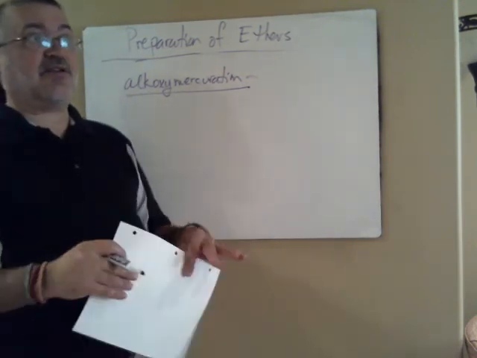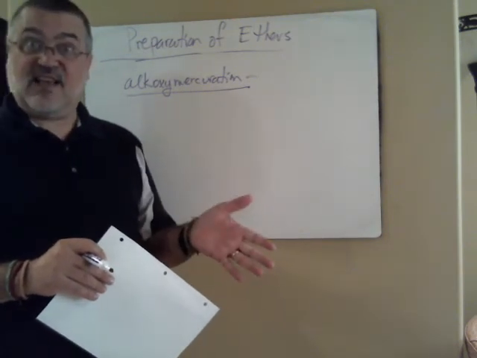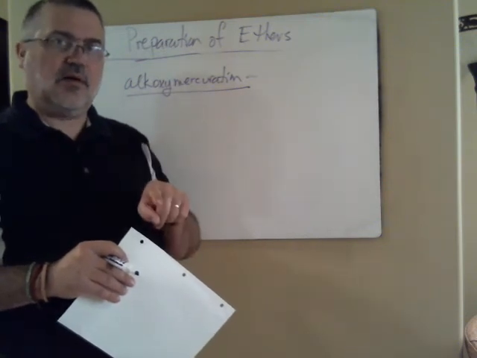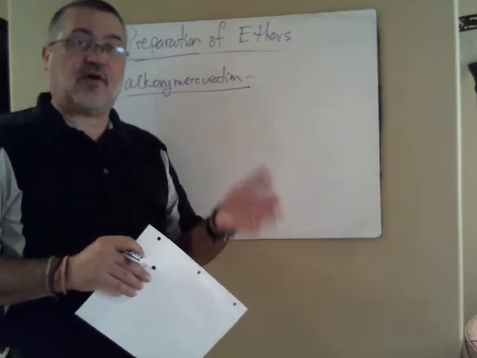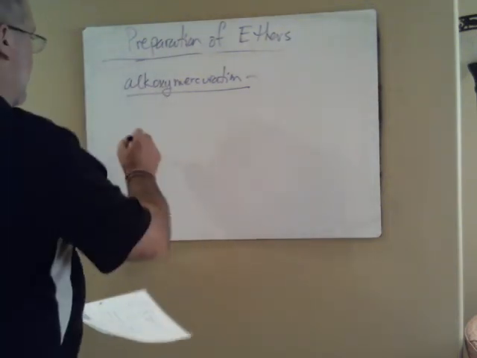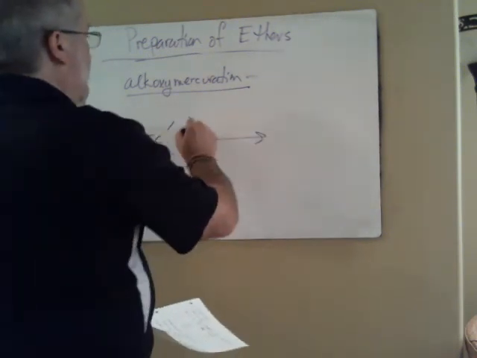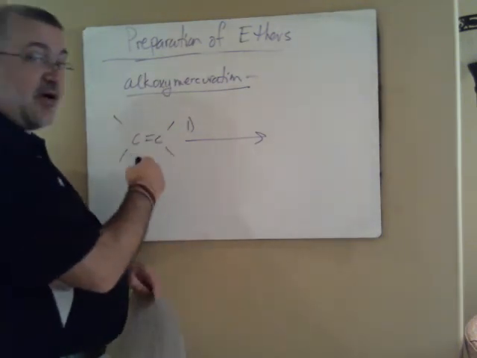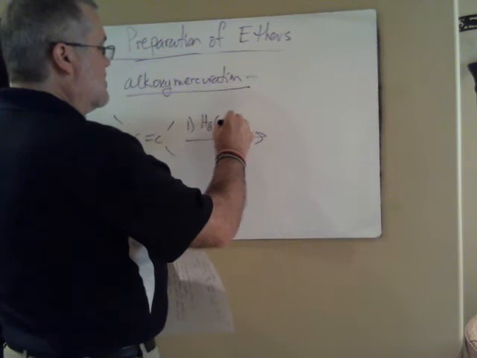With oxymercuration, that was the one where we added water across the double bond, and it went Markovnikov anti. But we also said, if you change the water to an alcohol, then you can add the alcohol across the double bond, again, Markovnikov anti, and the result is an ether linkage. Okay, so just to remind you in general, you have your alkene, and I'm going to react it. Remember the reagent for oxymercuration, which we revisited when we talked about preparing alcohols a few lectures ago. We use this mercury acetate, right?